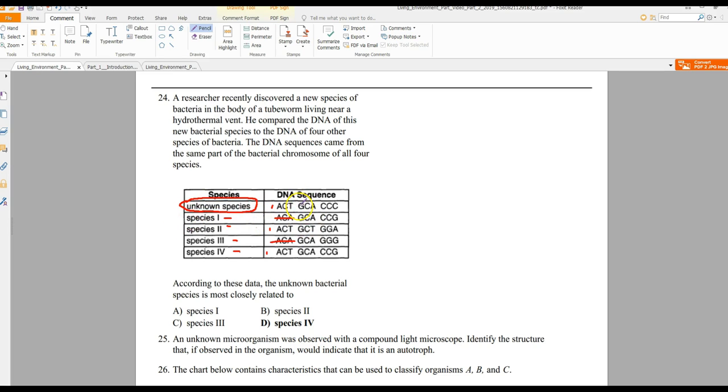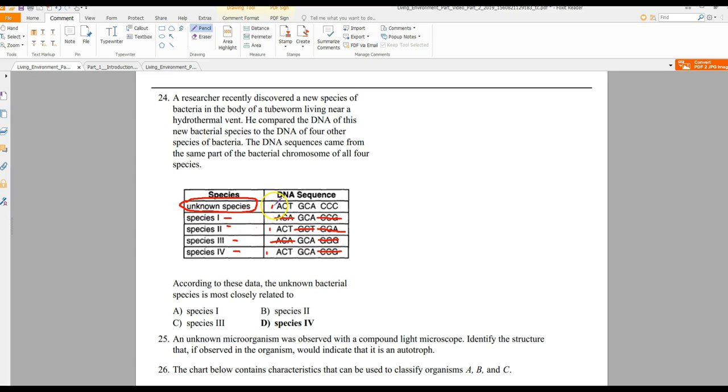Unknown species, next DNA sequence, GCA. Okay, GCA, nope. GCA. This one has a lot in common with the others. Last one, CCC. This is not CCC, this is not CCC, this is not CCC, and this is not CCC.